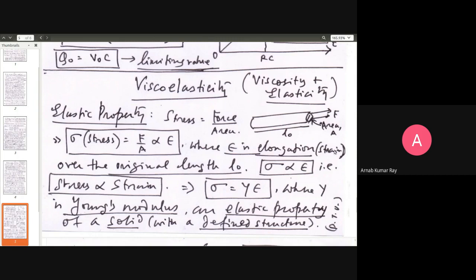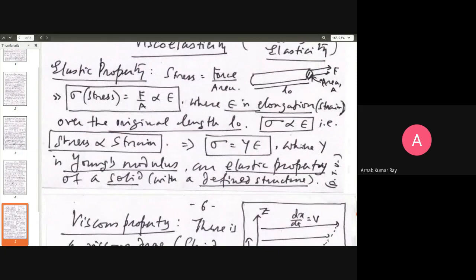Okay, so stress is proportional to the strain. So sigma, the stress, is proportional to epsilon, the strain. And the proportional constant is known as Young's modulus, Y, as in the name of Thomas Young, as in Young's experiment of interference, which I think you would have studied at school.